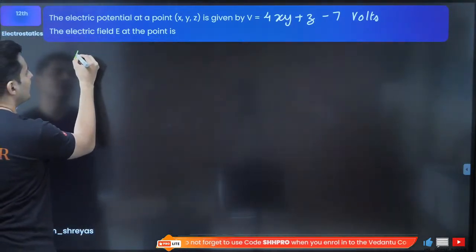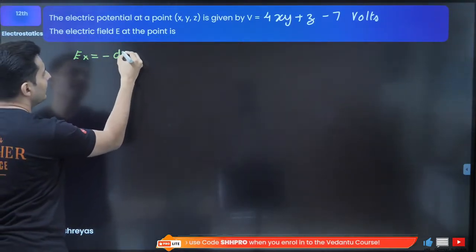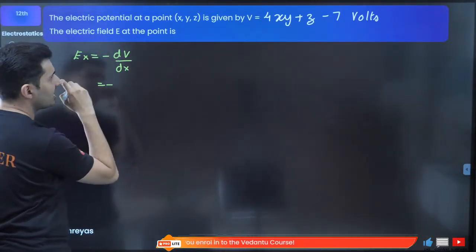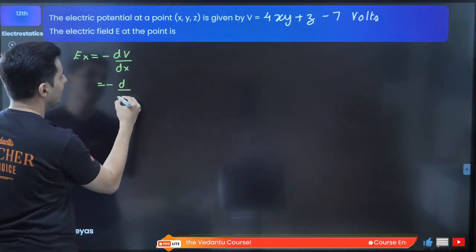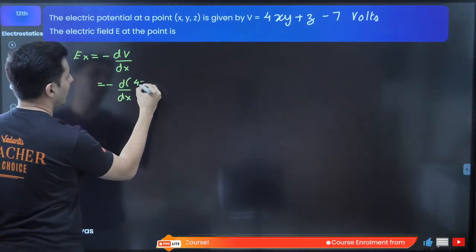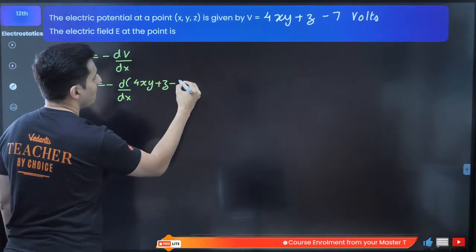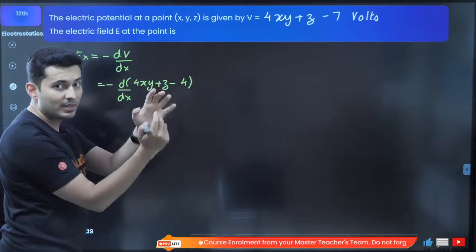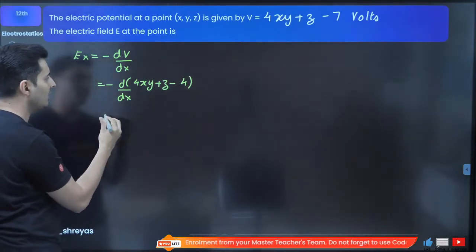So let's start with the Ex component first, which is negative dV by dx. So negative, the voltage is nothing but 4xy plus z minus 7. Remember, I'm differentiating with x. Y and z will be assumed as constants when I'm differentiating with x.